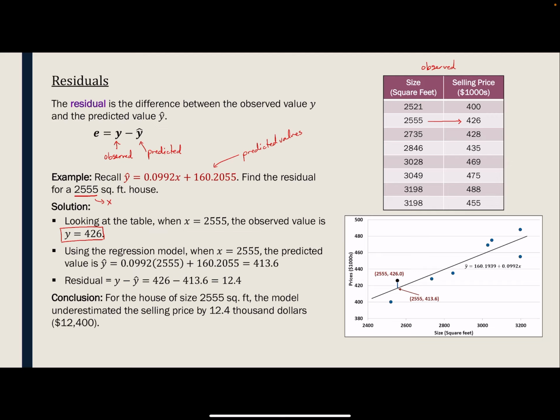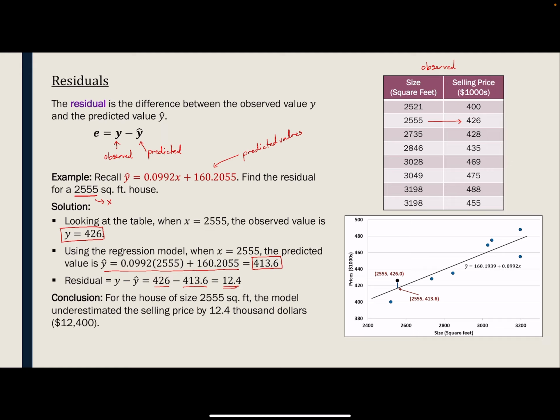Then I need to use the linear regression model to find the predicted value. So I'll plug in the x into the model, and we'll get a predicted value of 413.6. The residual is the difference between these, and we always take the observed minus the predicted. So I take the observed minus the predicted to get a residual of 12.4.